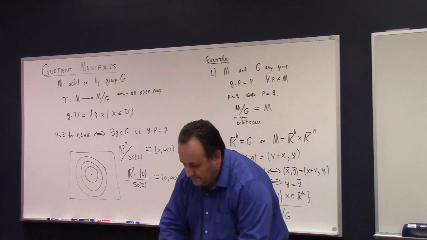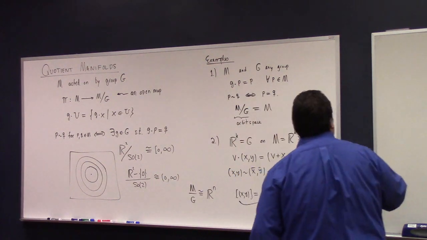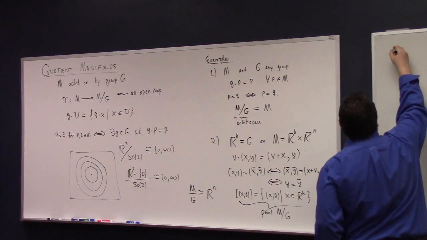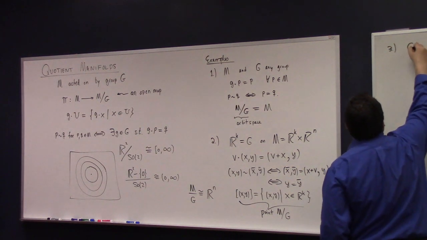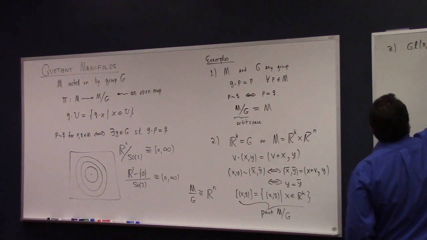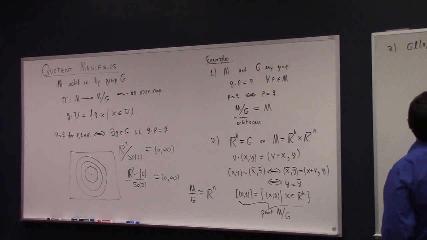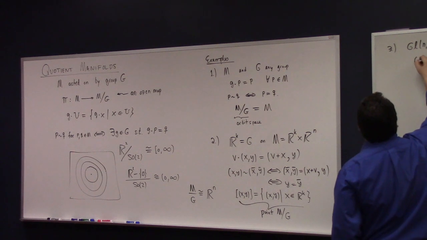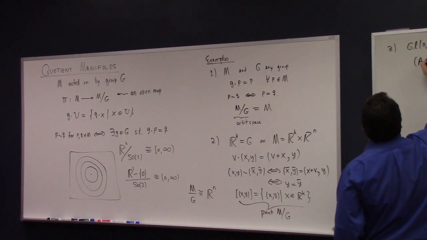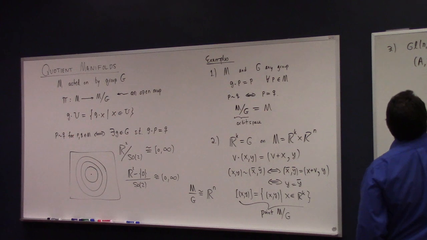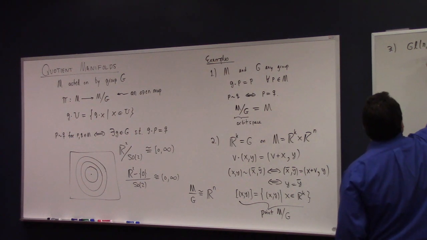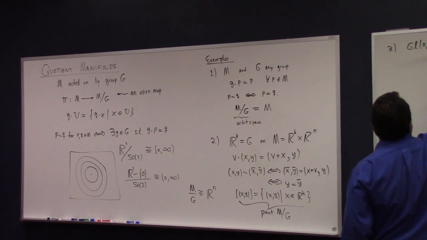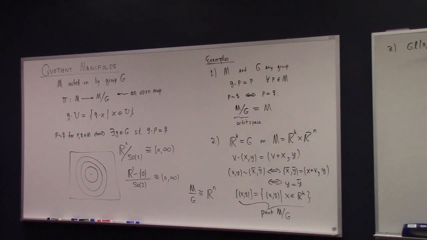So example E. Well, actually, excuse me, I'll just make it 3. If we let GLn act on Rn by the rule A dot X equals AX, what are the orbits in that case?